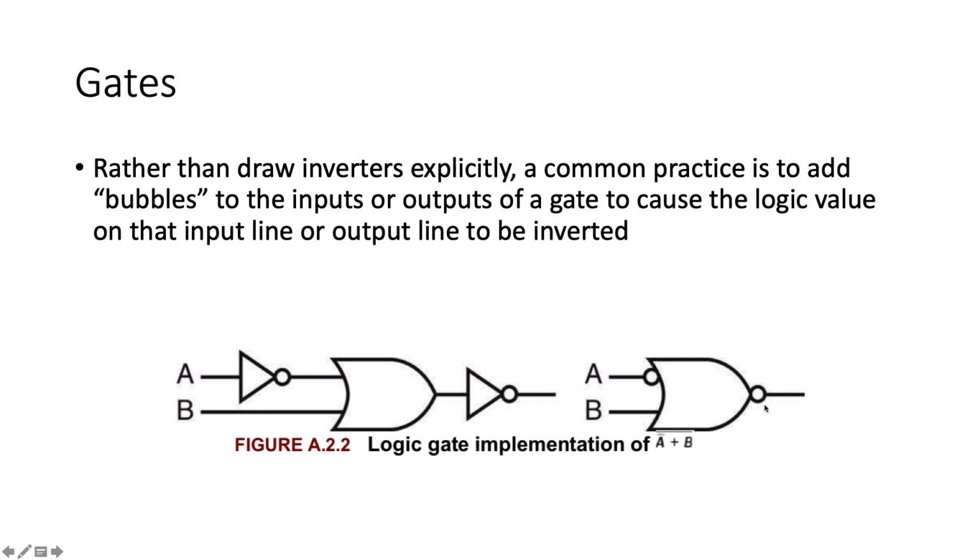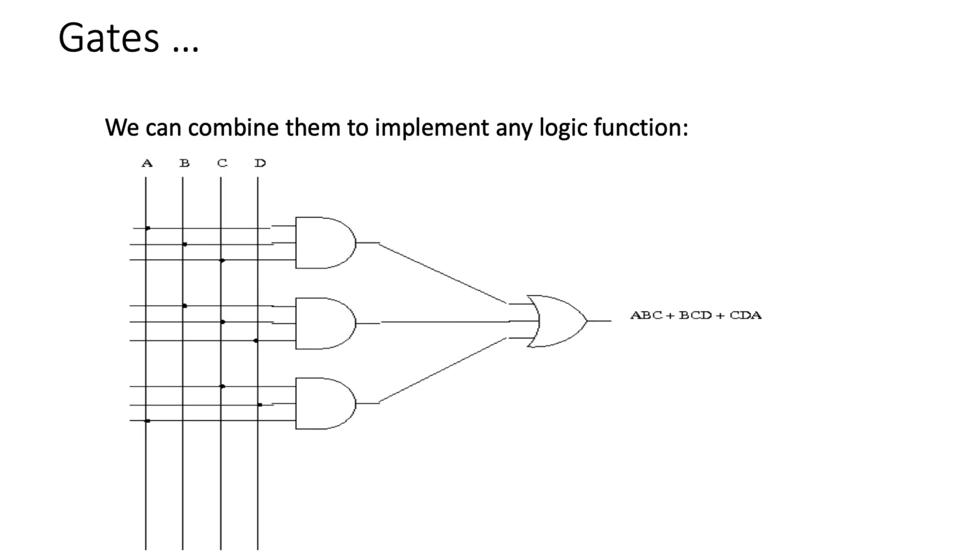We can stack them up and have multiple inputs. You just have to follow the lines and see which of them crosses which. For instance, you have four inputs A, B, C, and D, and three ANDs. The first receives A, B, and C and ANDs those, so the result is ABC, like a dot, a logical multiply.